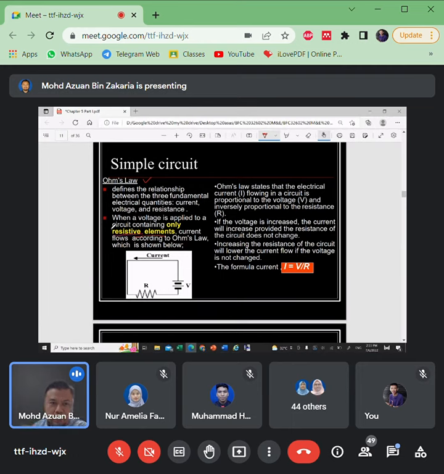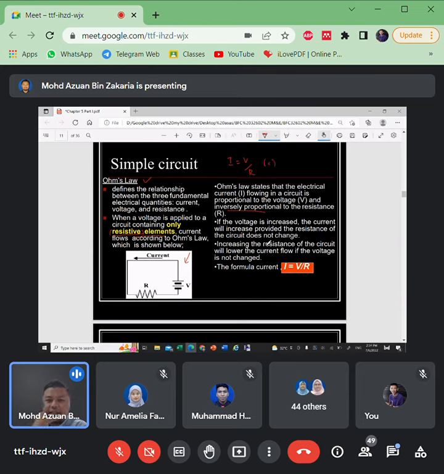Only equipment with resistance can use this Ohm's law, because this is a very simple circuit, right? So Ohm's law states that the electrical current flowing in a circuit is proportional to the voltage and inversely proportional to resistance. Means I equals V over R. Unit is ampere.